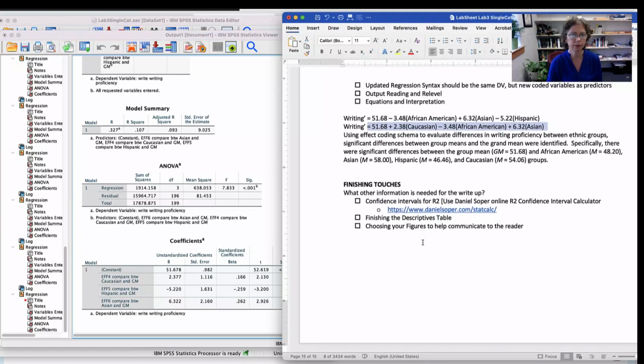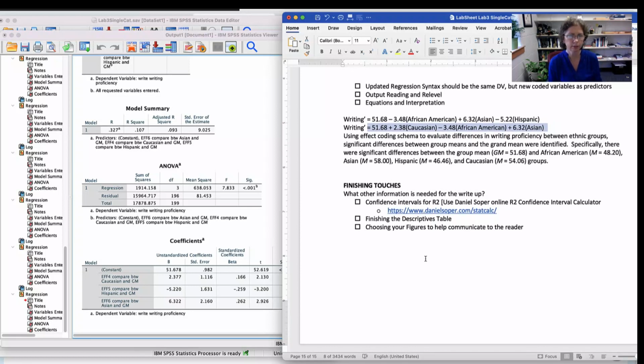Okay, some finishing touches. What other information is needed for the write-up? Like I mentioned before, SPSS doesn't give us an easy way to get the confidence intervals for R squared. So I'm going to have you guys use Daniel Soper's online calculator that we looked at earlier. You're going to finish your descriptives table.